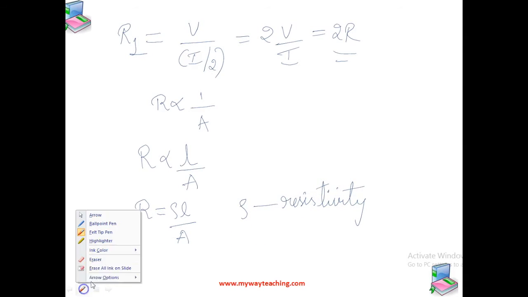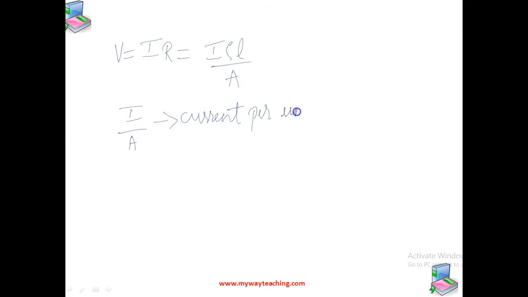So now we can write Ohm's law. V is equal to I into R, where R is given by rho L by A. Current per unit area, I by A, is what we call current density.